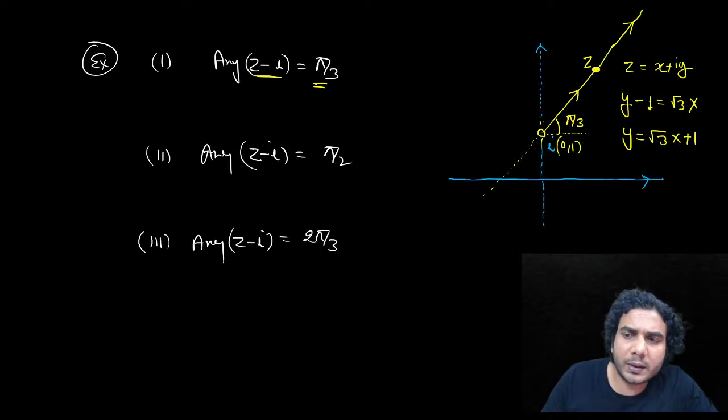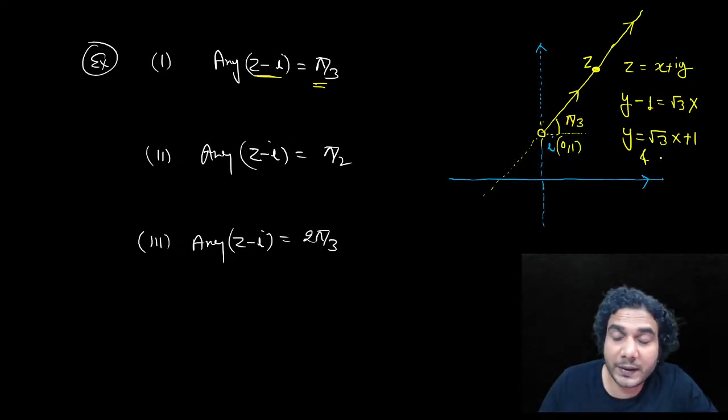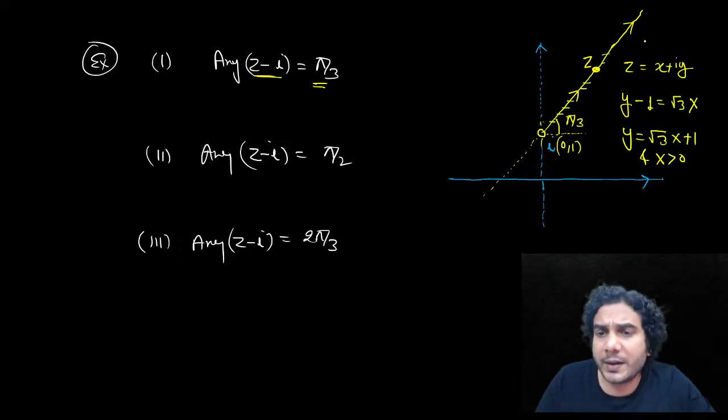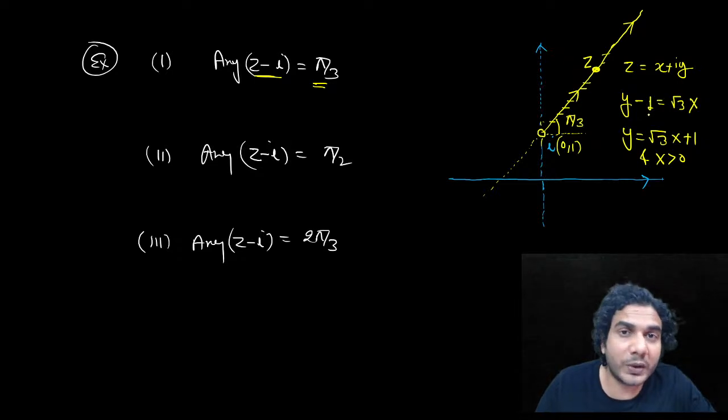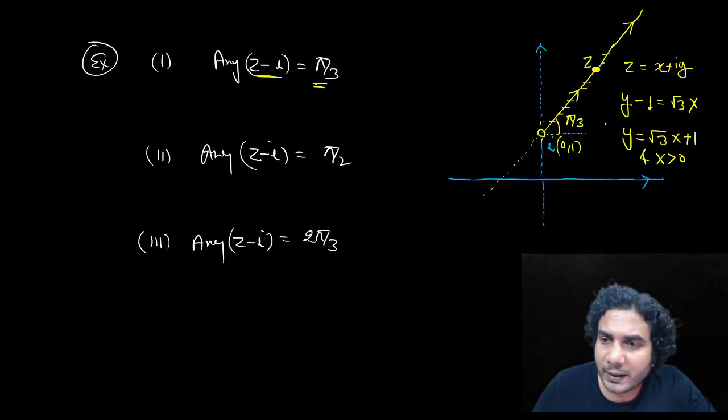So to exclude it, you can further apply one condition. What is that condition? In this particular case, you can see that x is positive for this part, or you can apply the condition on y also: y is more than 1. So either apply the condition on x or on y.